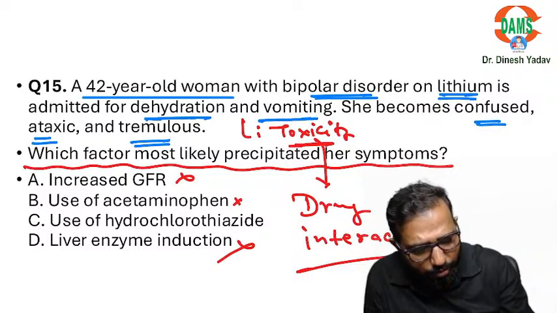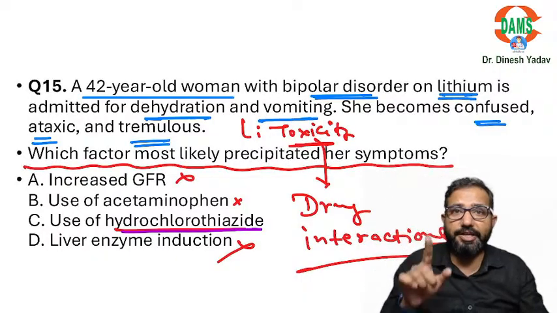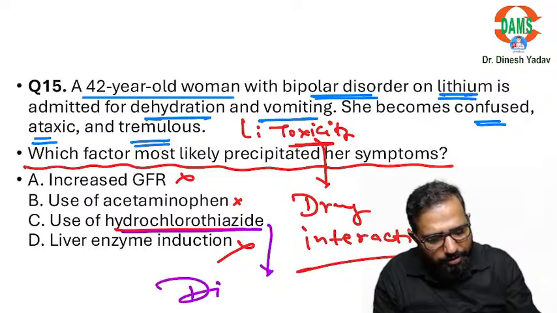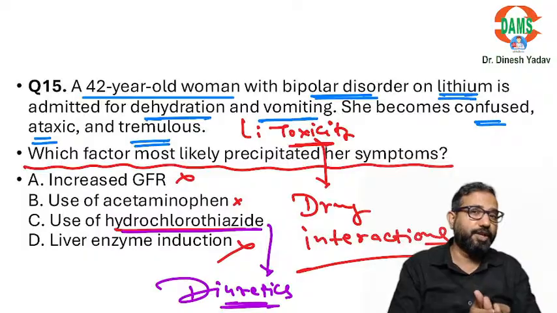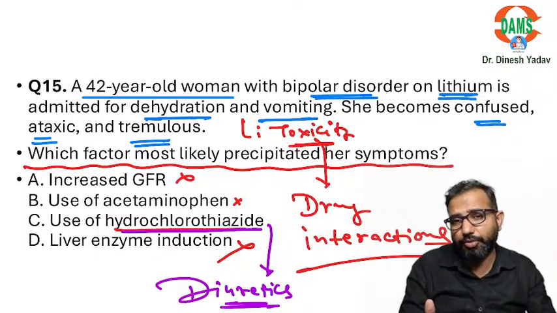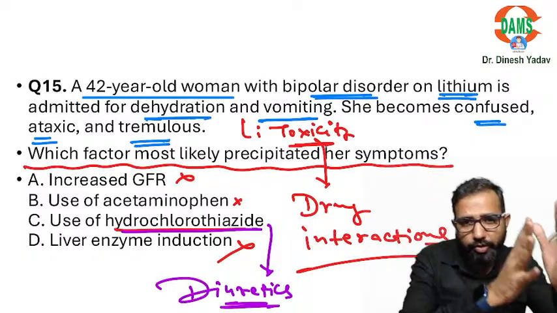What about hydrochlorothiazide? This is a diuretic, and diuretics cause drug interactions with lithium. What happens? Diuretics cause loss of sodium. Because they inhibit sodium reabsorption, this extra sodium will reach the collecting duct.